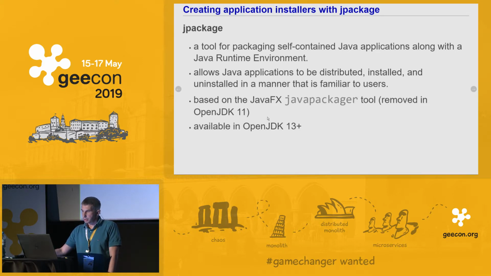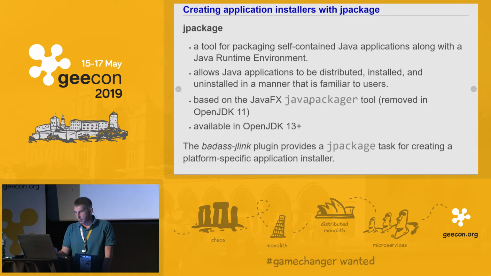This tool is based on an older tool called JavaPackager, which was available in JavaFX, but it was removed in Java 11. And the badass jlink plugin, which we just saw, also provides a task for allowing us to create platform-specific installers for our programs.